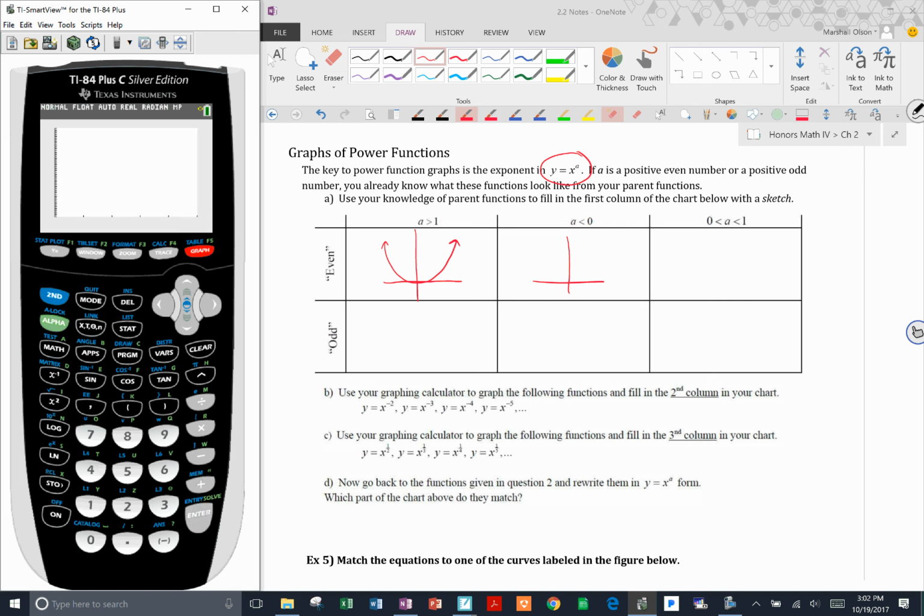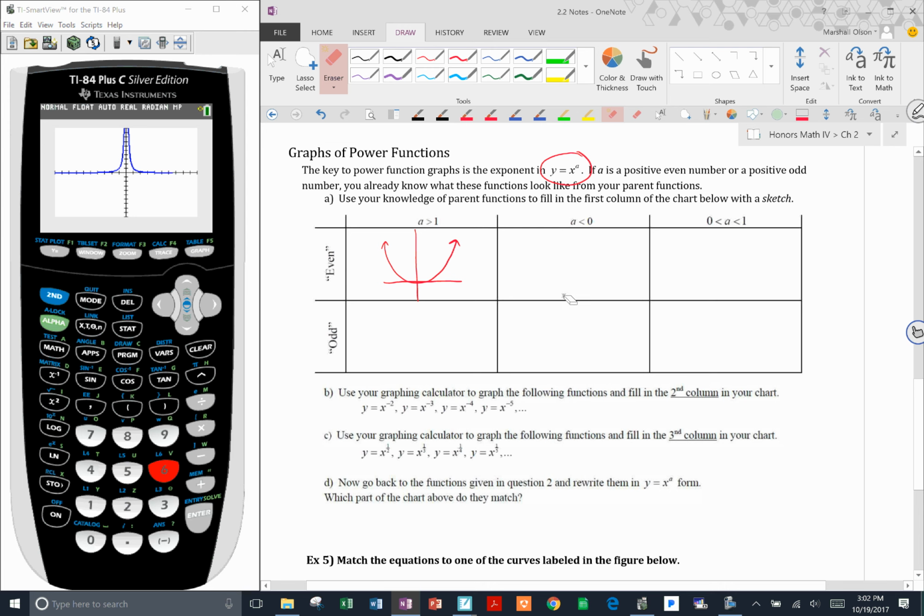Oh, so from our graph from class here, we'll go a standard zoom. What we're going to see is this thing looks something like this. So that was terrible. And it's going to continue to look like that even if we did x to the negative fourth, x to the negative sixth. They're just going to get tighter and tighter to that origin there.